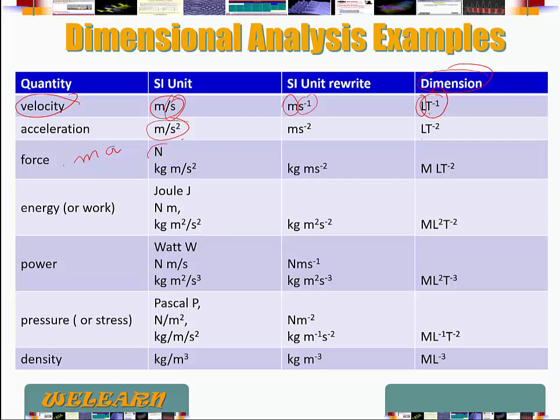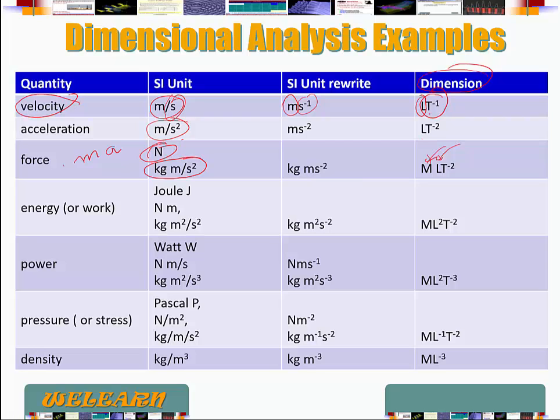So the unit for force, which we call newtons, is actually equal to kilogram meters per second squared, which is, when we rewrite it, kilogram meters seconds to the power minus 2, which is M for mass, L for length, and T for time to the power minus 2.